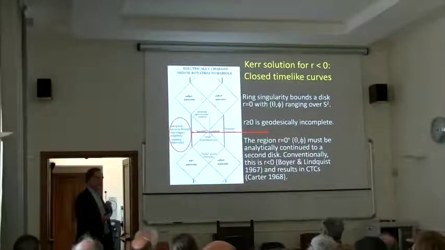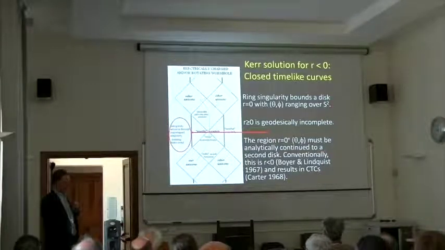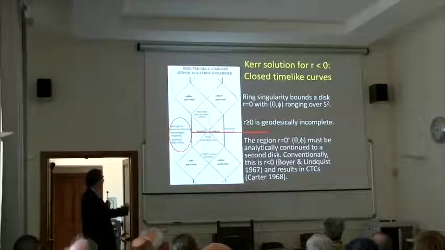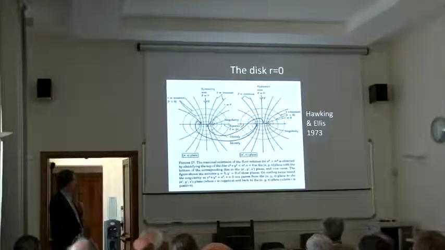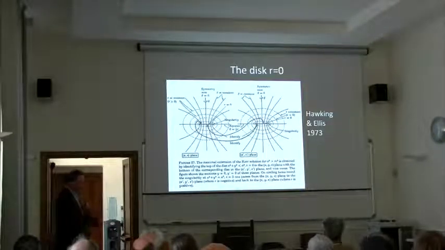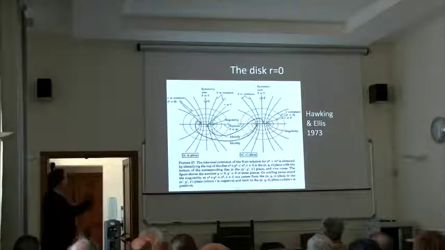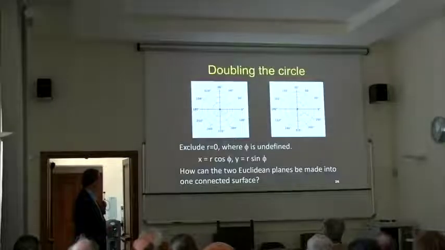So a lot of the physics of motion in that metric changes dramatically, and in particular there are closed time-like curves present owing to this extension, as was shown by Brandon Carter in 1968. And this is the figure from the textbook from Hawking and Ellis, which shows the matching of the coordinate systems to the extension r less than 0.